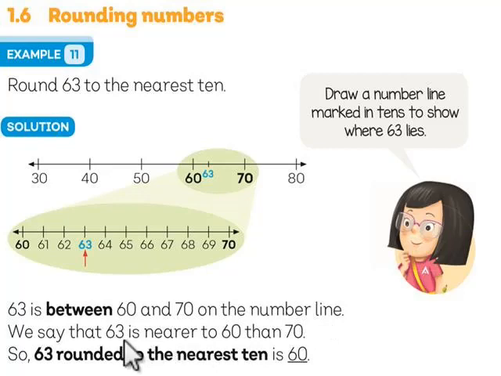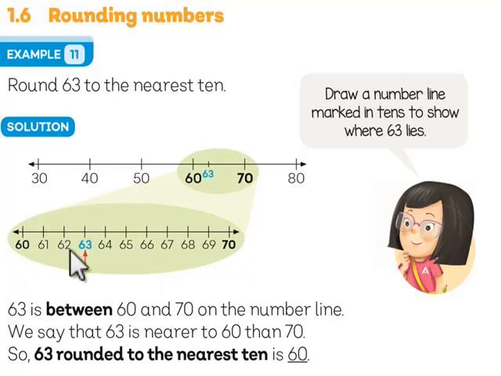So we say that 63 is nearer to 60 than 70. You can see it's near, and going to 70 it's far because you will go to 64, 65, 66, 67, 68, 69, 70. So it's far, while 60 is near.